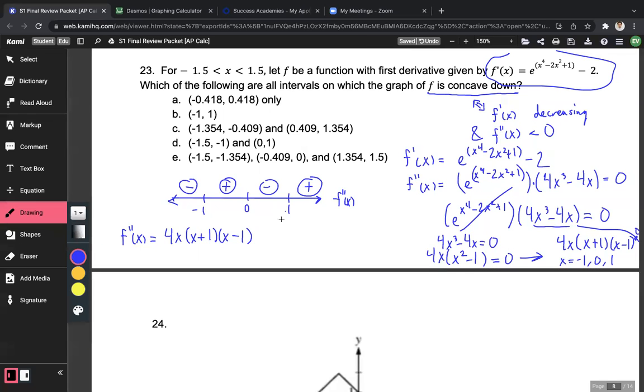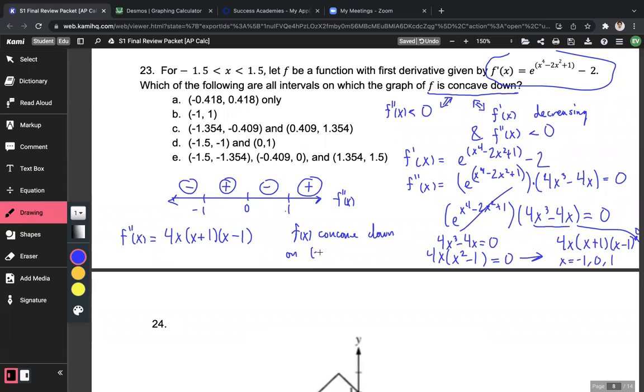So at this point we said f prime of x is decreasing, or f double prime of x is less than 0. So that occurs where f of x is concave down. F double prime is negative.